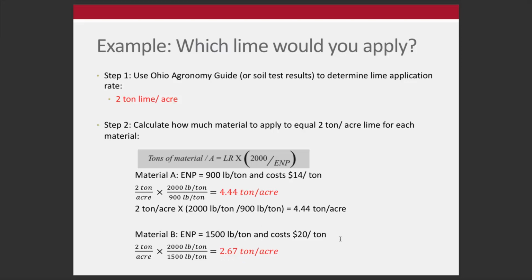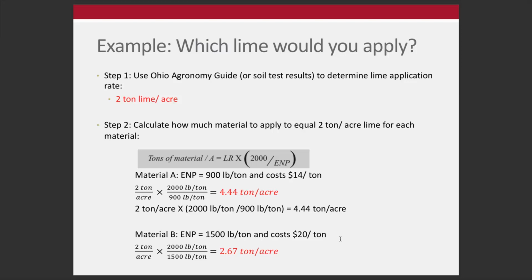So that makes intuitive sense. So check your math and plug the equation in, but also think it through and ask, does this make intuitive sense? If our ENP is less than the 2,000, then we're going to get a net liming rate with that material that's greater than the liming rate the table generates.